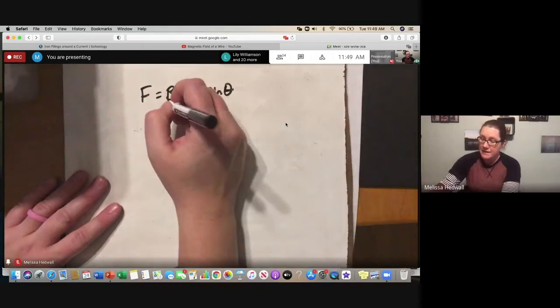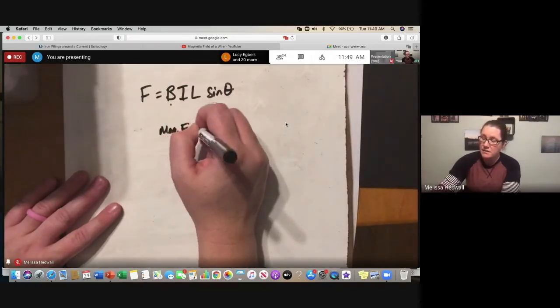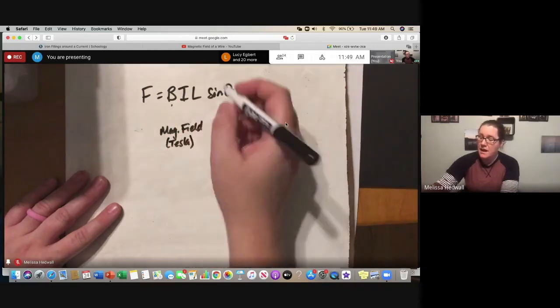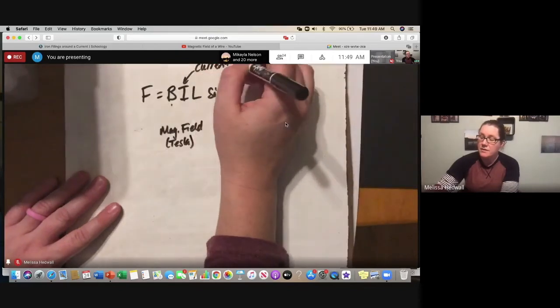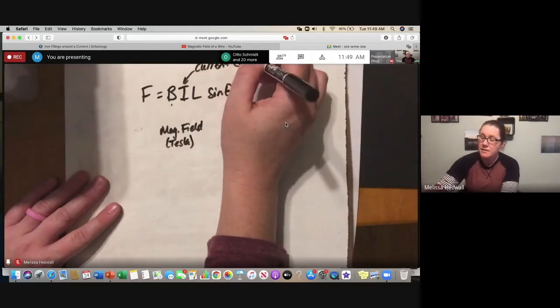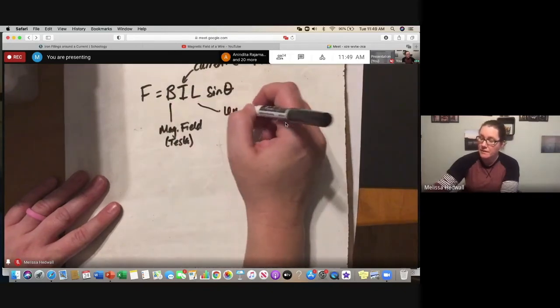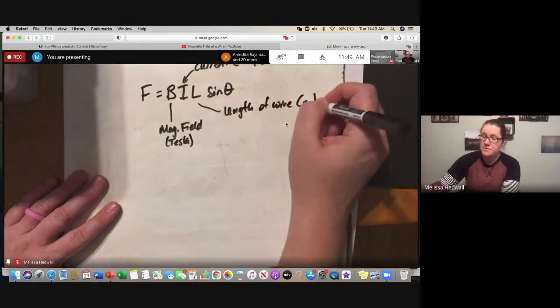B is your magnetic field, and it's measured in Teslas. I is your current, measured in amps. L is the length of the wire, and it's measured in meters.